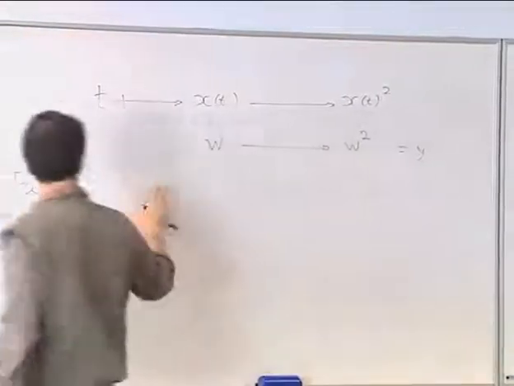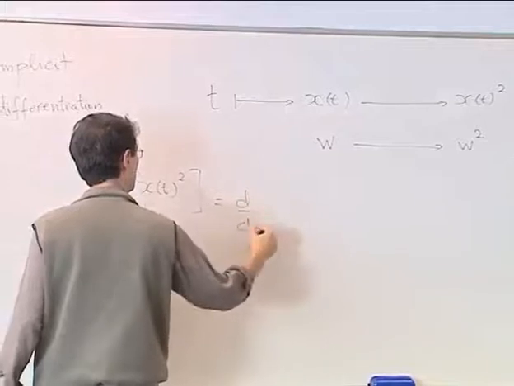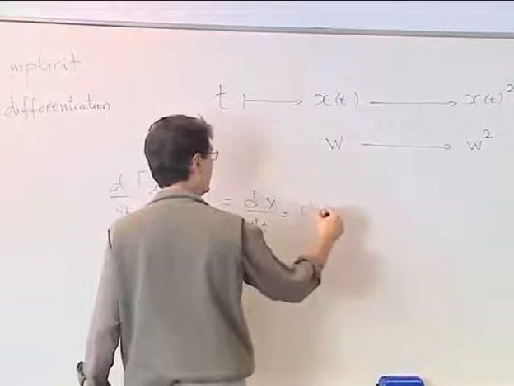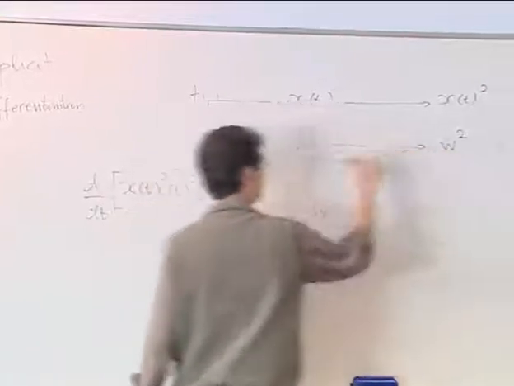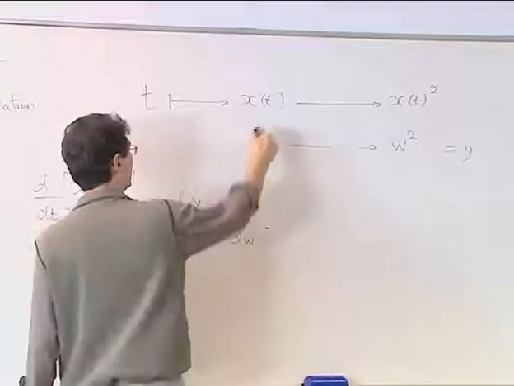So if you want to take a t derivative of y, it's going to be dy dw multiplied by dw dt.